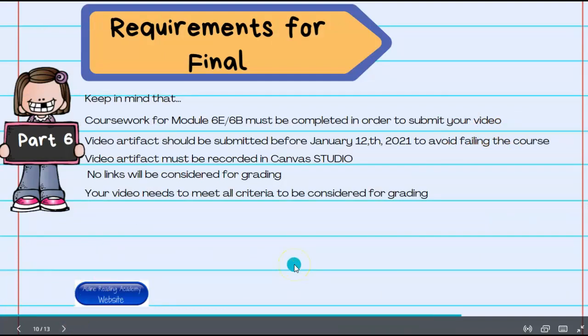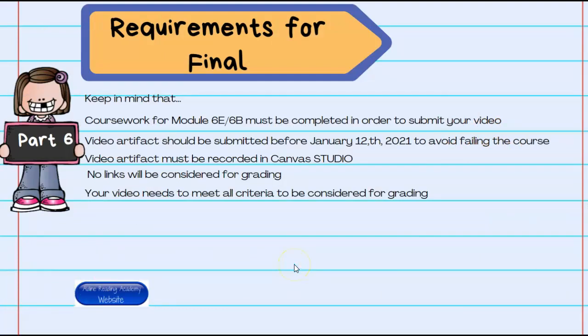All right, the requirements for your final artifact. The coursework for Module 6E, as I mentioned before, must be completed in order for you to submit your final video at the end of Module 6. You won't be able to turn it in until you get to the end of Module 6 because, as you've already noticed, you have to complete every single module in order.